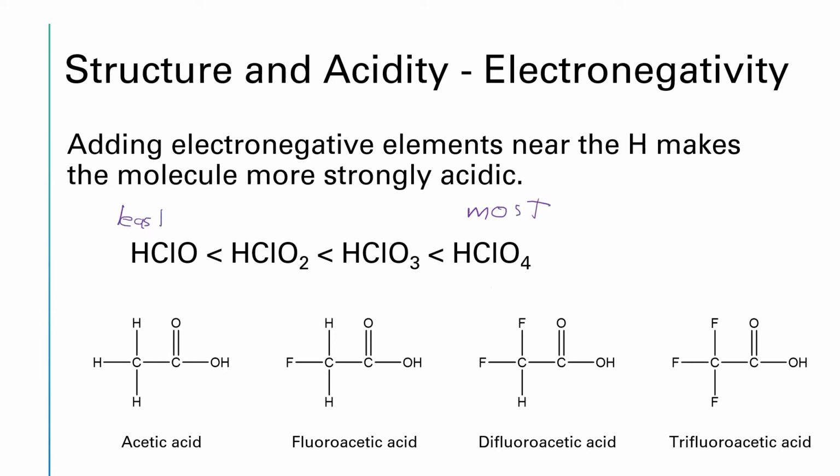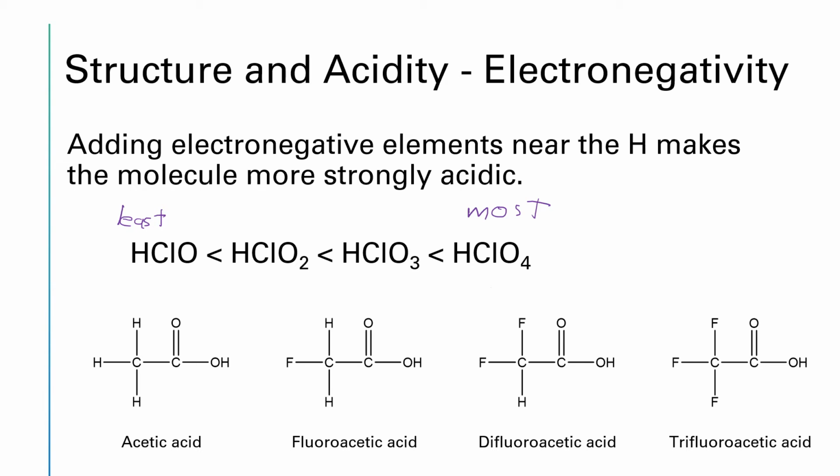What's going on here is that adding those oxygen atoms to the molecule causes electron density to be shifted over towards the oxygens and away from the hydrogen. So as that electron density is shifted away from the hydrogen, it's much easier for that proton to ionize. The more electronegative elements we have nearby, the bigger this effect will be.